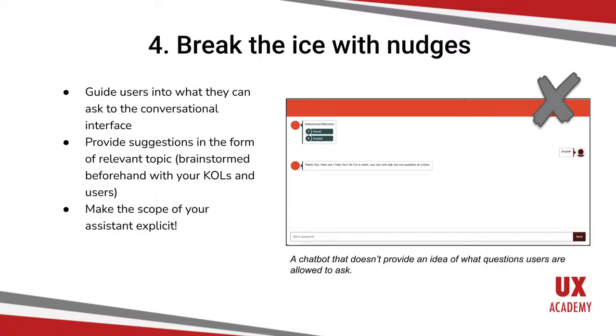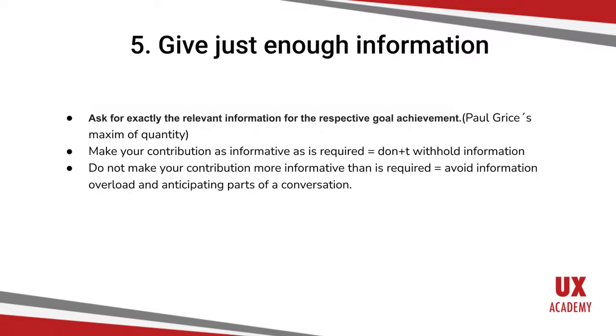So really provide these, I would call them nudges, these small inputs to kick the ball and initiate that conversation, particularly if you know that your user might be a little bit agnostic of the domain you're designing for. They might not be familiar with the thing. So just give those little prompts.